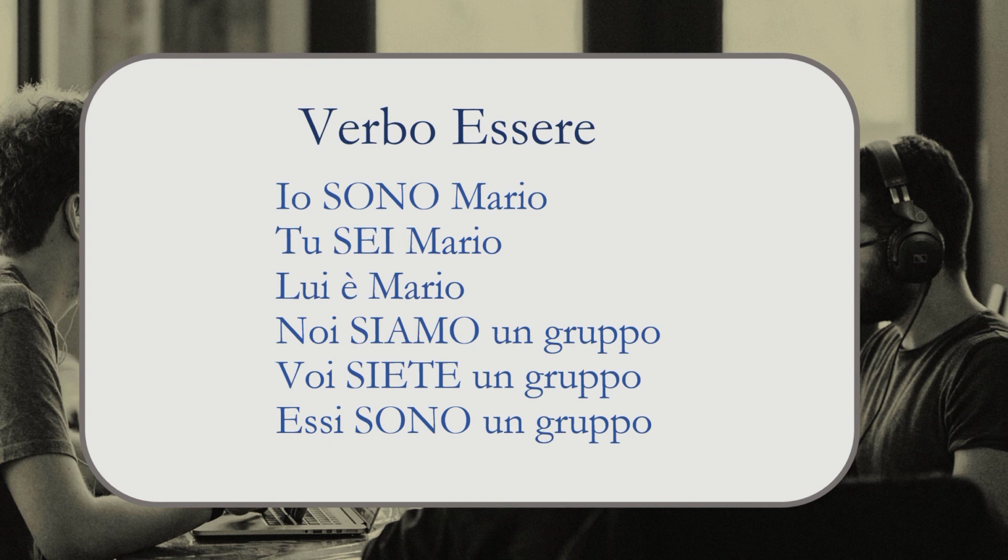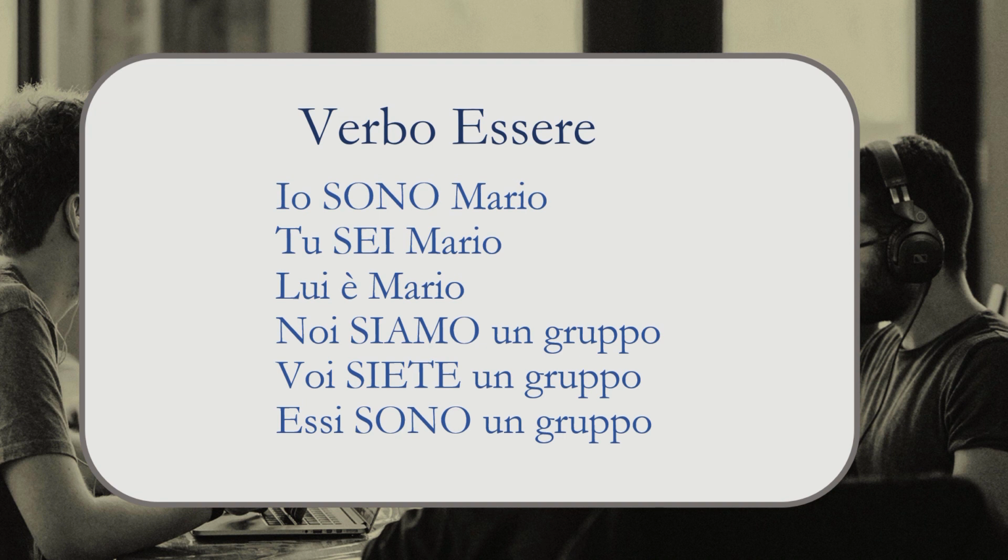It's completely wrong. In this lesson I don't want to say how old I am in Italian, because I don't want to confuse you. I will teach you that in the next lessons, obviously. So io sono Mario.